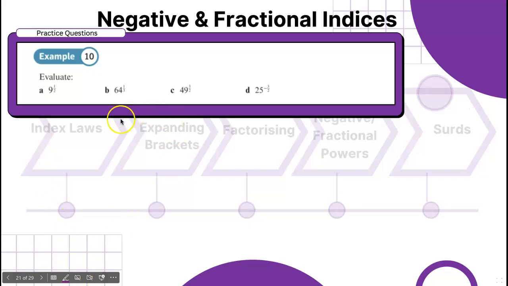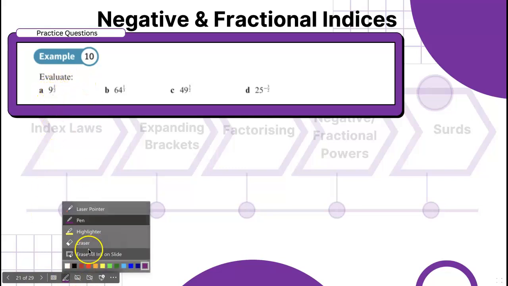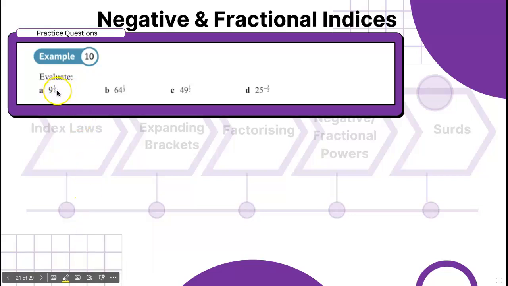Now we are going to be discussing fractional or negative fractional indices. So the first thing we have here is 9 to the power half. Before we solve, I just want to give you one key to apply everywhere. Whatever the denominator is, you have to break this base as that power.